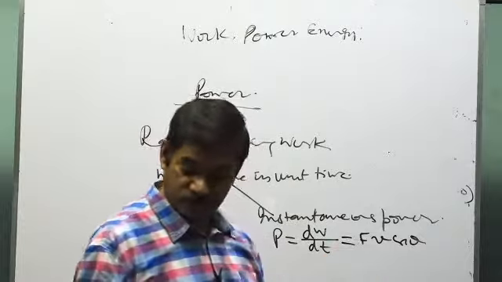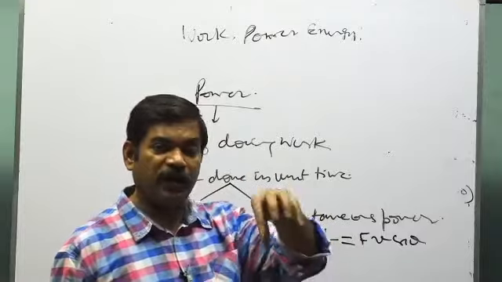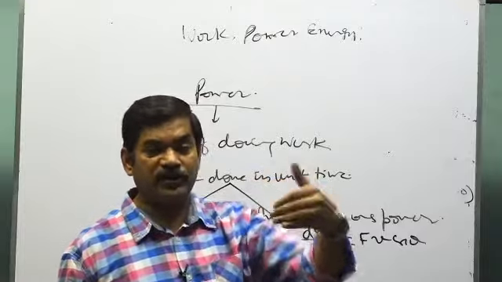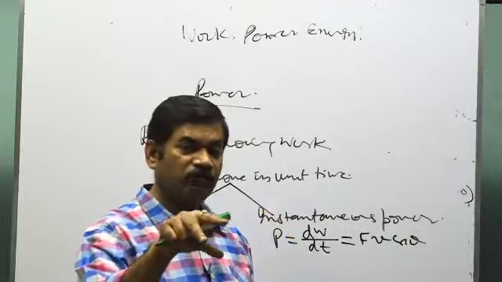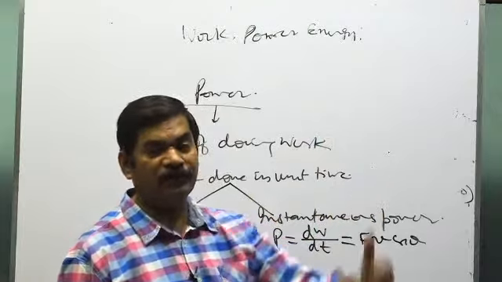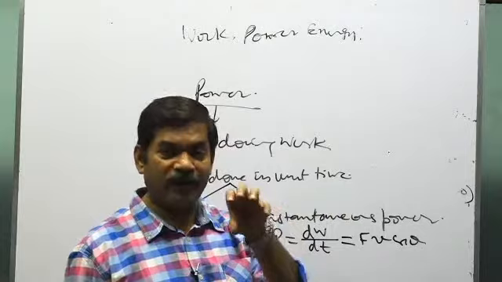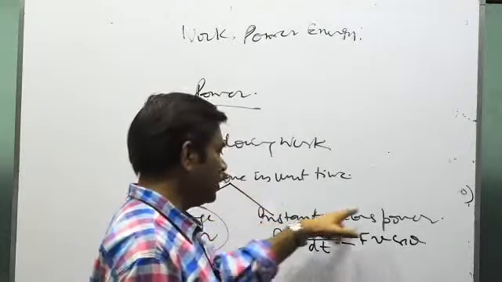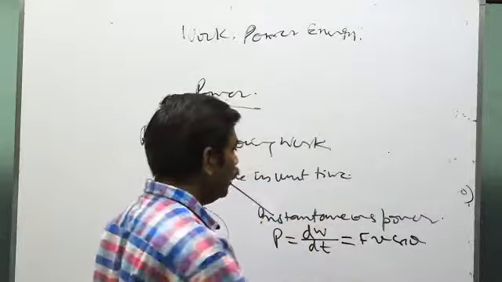Take that force into velocity. The body can have velocity in different directions, and at a point of time, the velocity of the body will have one value; at a different point of time, a different value. So at the moment when power is to be calculated, that is why it is instantaneous power, multiply it with the velocity of the body.